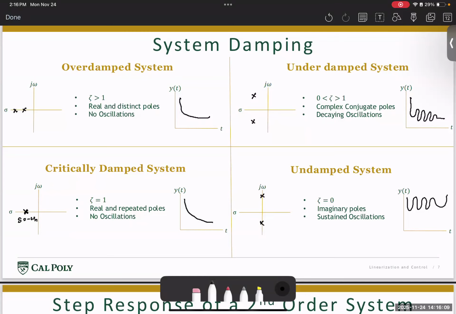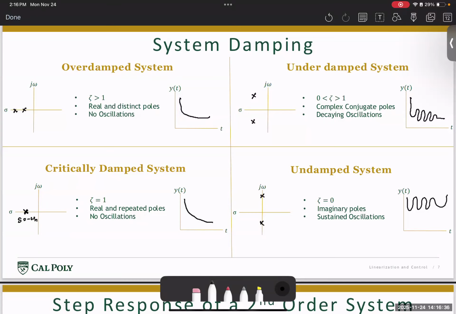If zeta becomes equal to 0, then the real poles disappear, and all the poles of the equation end up becoming complex numbers, and they lie on the j omega axis. What this means is that the system is now marginally stable, which means the system state will no longer explode, or settle down into a final value. It is somewhere in between, or the system starts to oscillate around the desired condition.